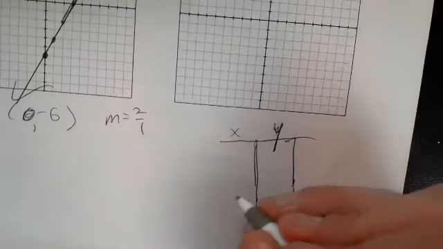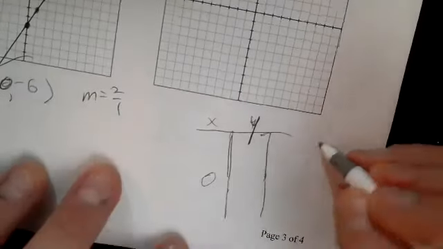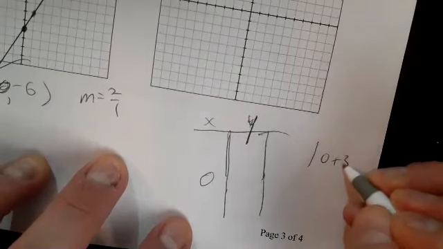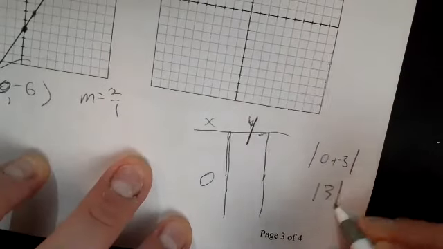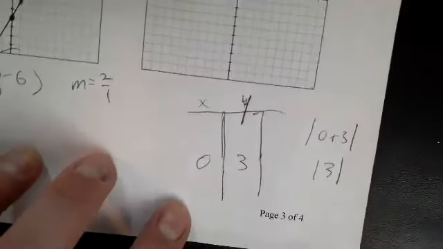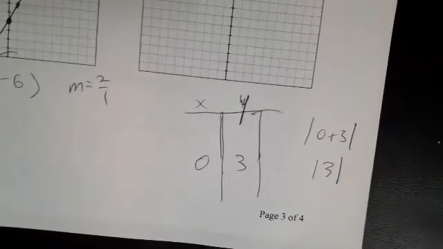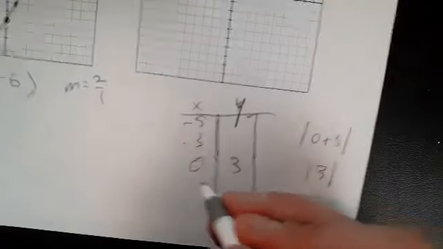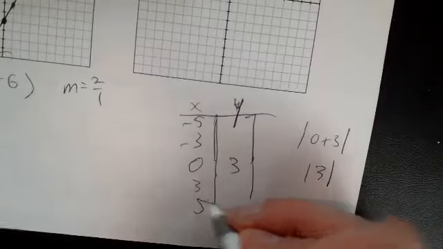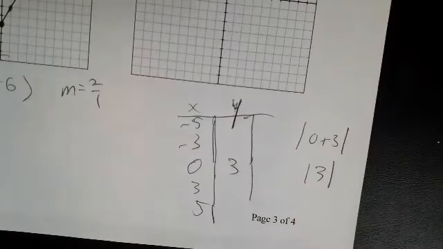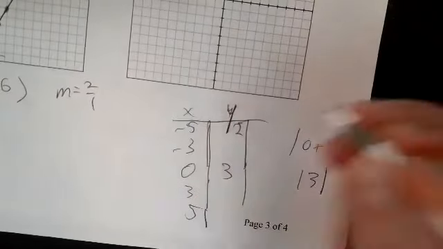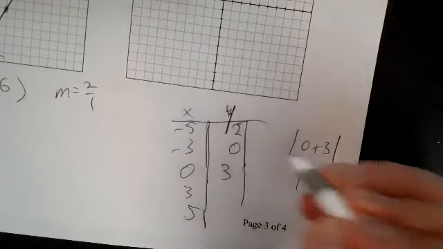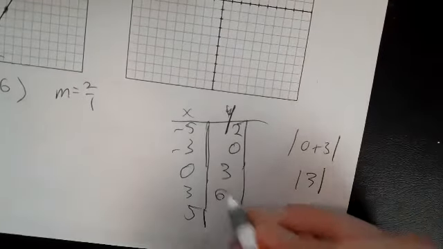If I plug in 0, I'm going to get the absolute value of 0 plus 3, and that is the absolute value of 3. So I get 0, 3. I plugged in a few more points. We've done this a few times, so I'm going to skip and plug in a few points. I think I went to 3 and 5 in the negative direction. So I'm getting minus 5, 2, minus 3, 0, and 3, 6, and 5, 8.